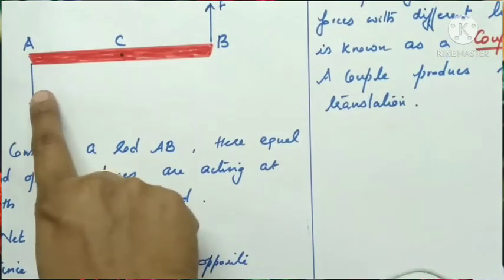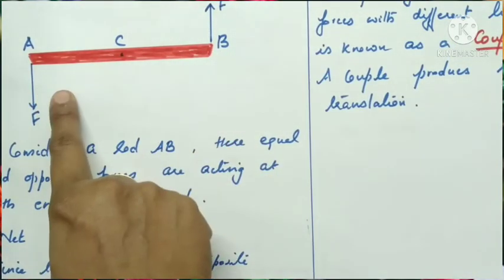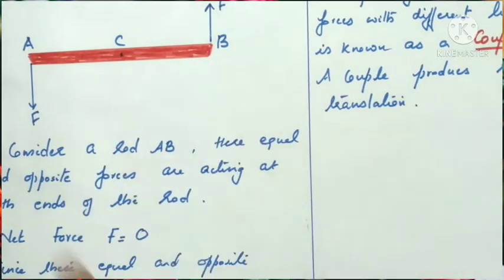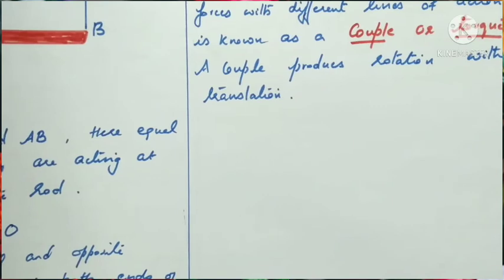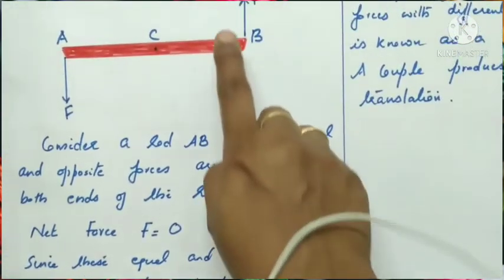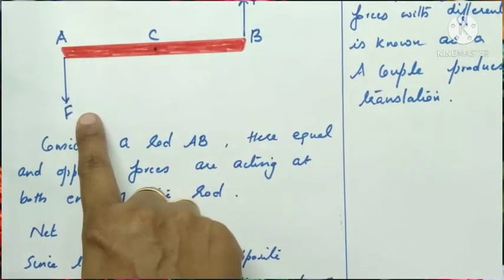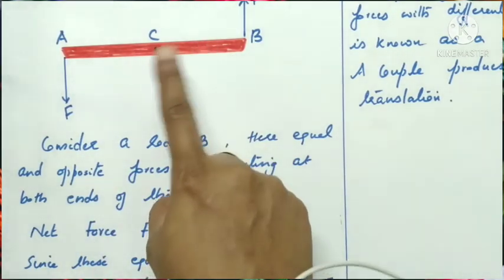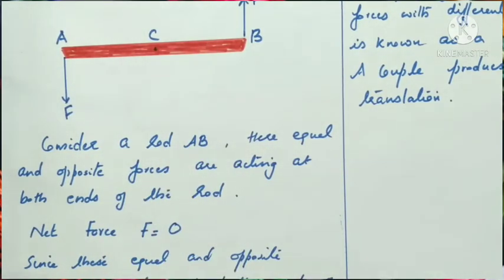A pair of equal and opposite forces with different lines of action is called a couple or torque, and a couple or a torque produces a rotating effect. A couple produces rotation without any translation.